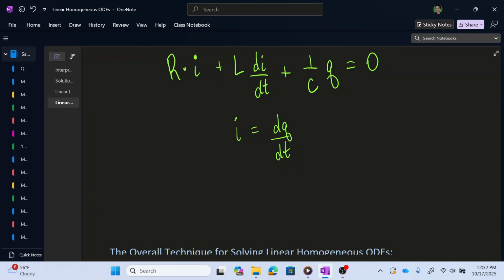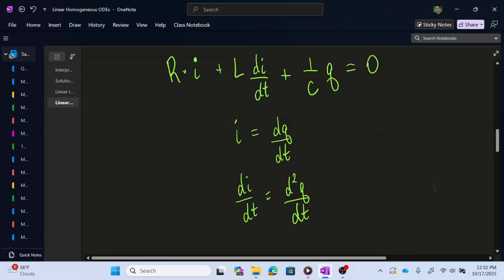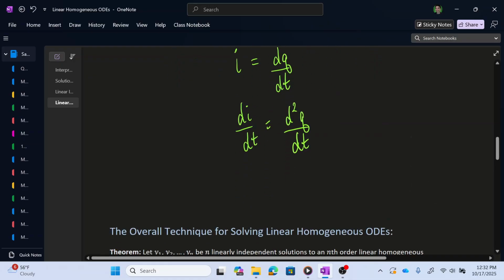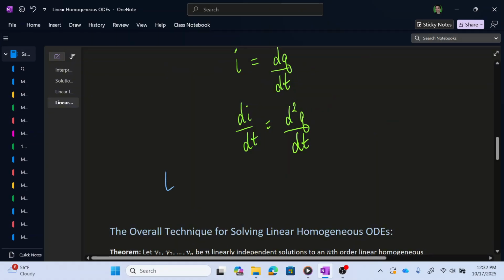So with that acknowledged, the derivative of current must be the second derivative of charge. And if I put that information into this loop equation, L times di/dt becomes L times the second derivative of charge.